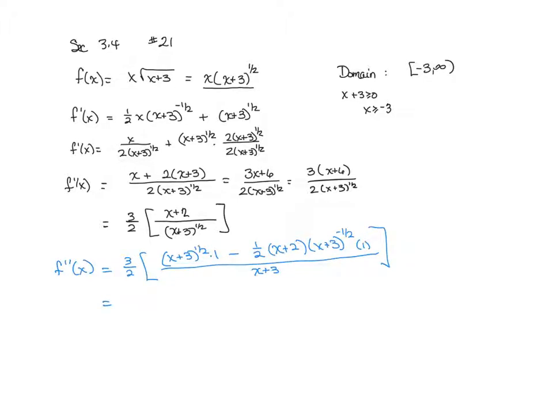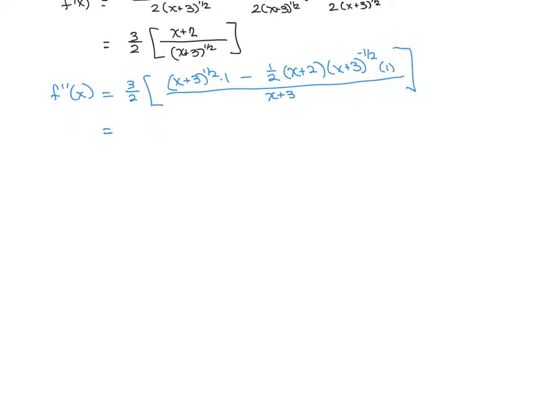Here we go. We have 3/2 times, and if I clean this up, I have x plus 3 to the 1/2 power minus a fraction, x plus 2 over 2 times x plus 3 to the 1/2 power, all over x plus 3.